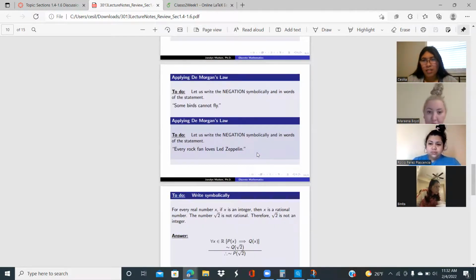Write the negation symbolically and in words of the statement: every rock fan loves Led Zeppelin. So opposite E first, I think. Yeah, opposite E, then X of P of X. Do we have to put the negation?